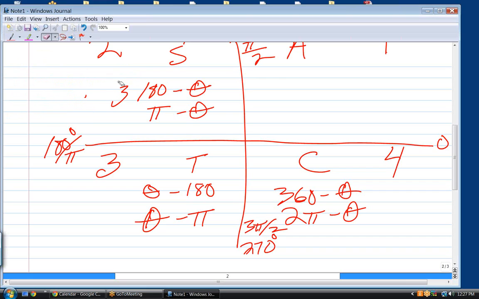Okay. What is the sine of 240? Which quadrant? Third. Okay, so it's third, which means it's the equivalent of the sine of what? The 60. Right.